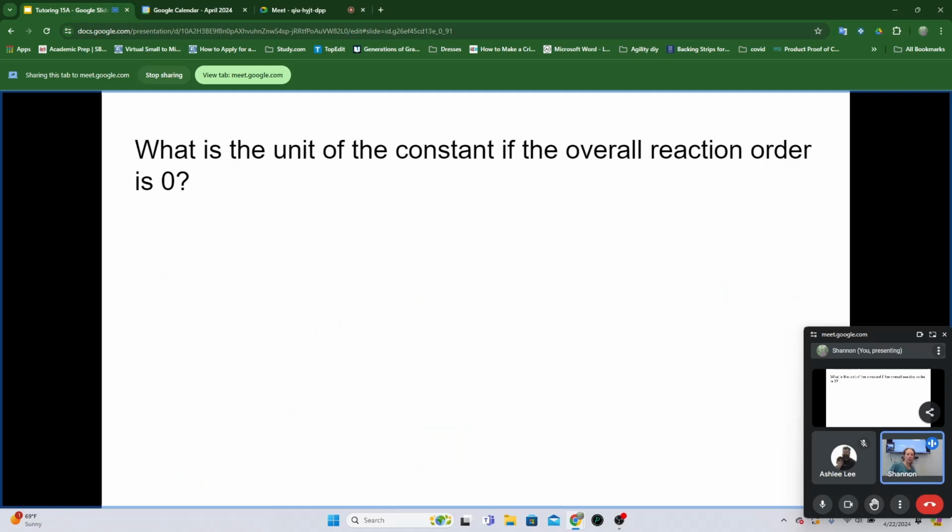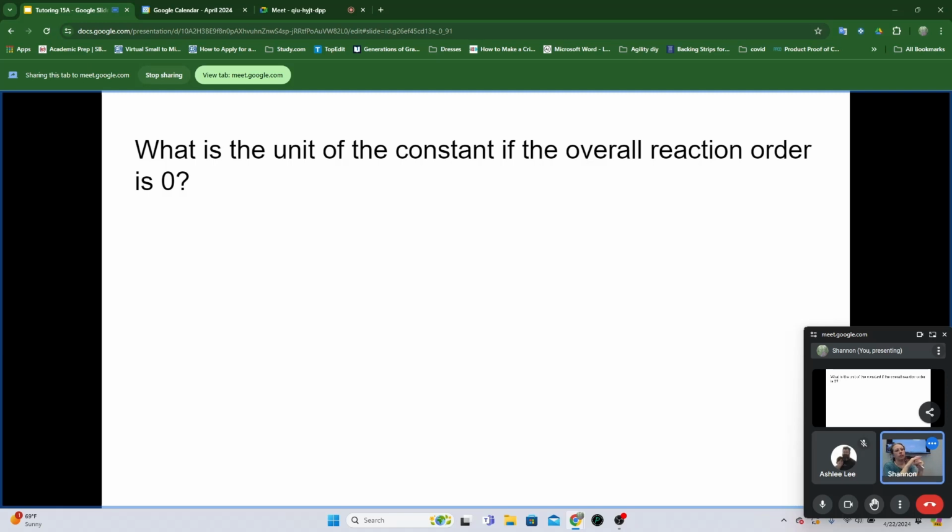Now here's a tricky one. What is the unit of the constant if the overall reaction order is 0? Is this the one with the chart, or is that a separate question? This is a completely separate question. Just what is the overall unit of the constant if the overall reaction order is 0?